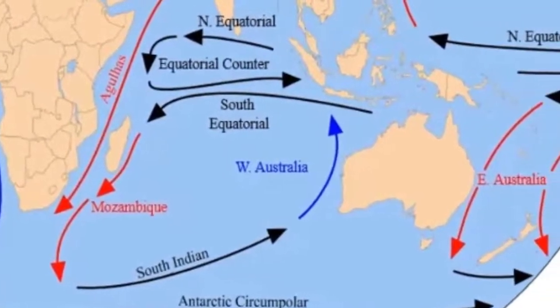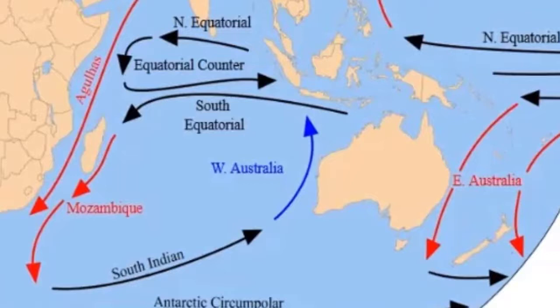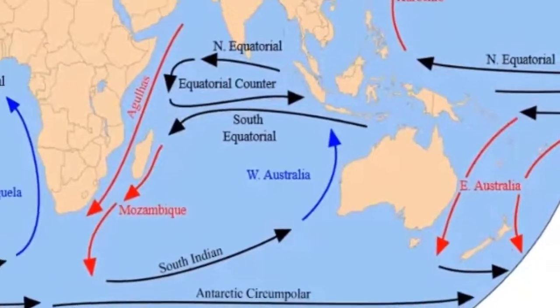You've got the South Indian Ocean gyre. Same thing, cold water down in the south part of the Indian Ocean. It's bringing that cold water. So if you lived in Australia, the beaches with the warm water would be on the East Coast. The beaches with the cold water would be on the West Coast.